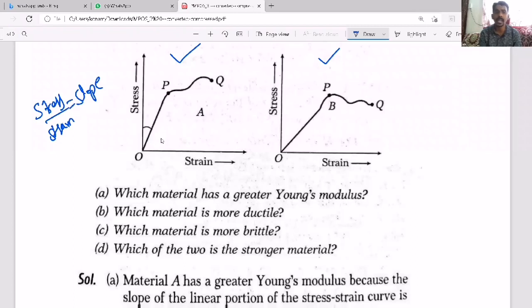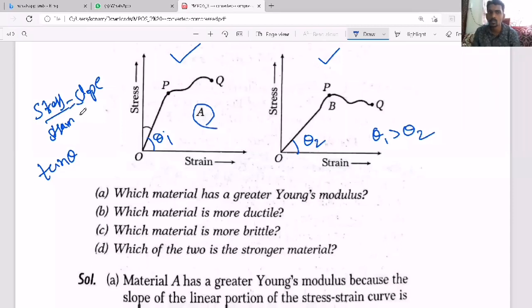So slope of the graph means tan theta, where theta is the angle made by the graph with the x-axis. So here if you consider theta 1 and theta 2, from the given diagram, theta 1 is greater than theta 2. So for material A, slope is more, tan theta more.